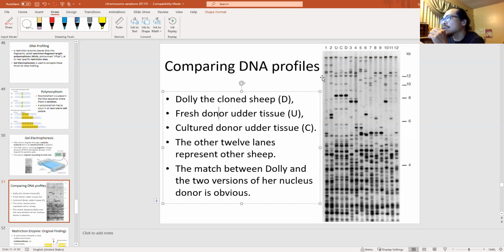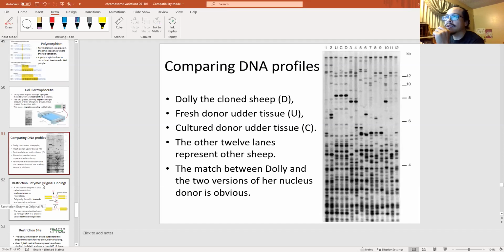U is the donor, C is the cultured cells from that donor, and D is Dolly. You can see that they are basically identical to each other. Their RFLPs have exactly identical molecular weight, but are very different from other sheep.